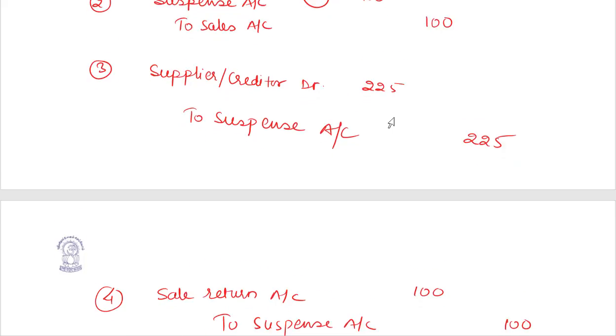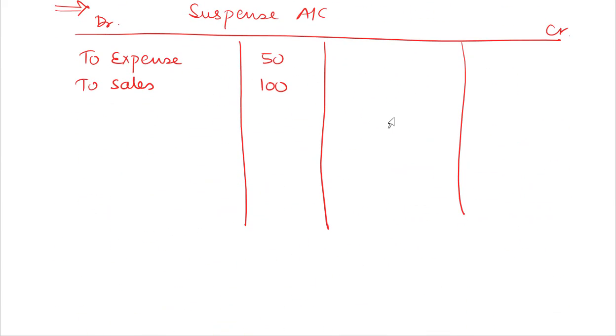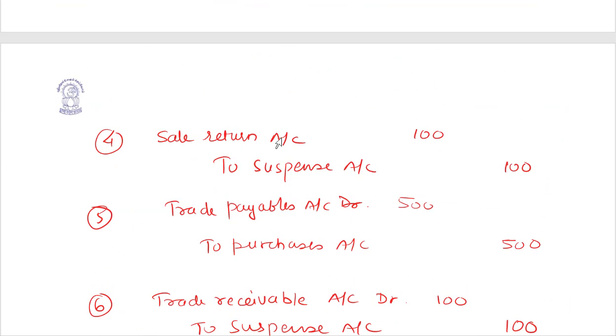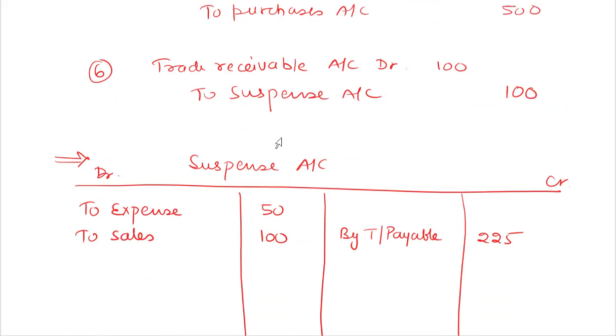By trade payables 225. Fourth, sales return needs to be debited 100.